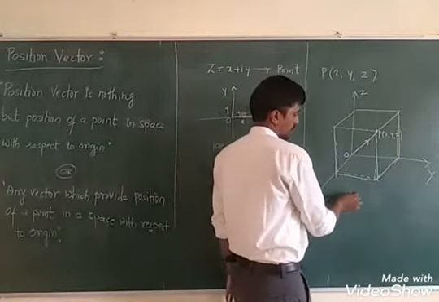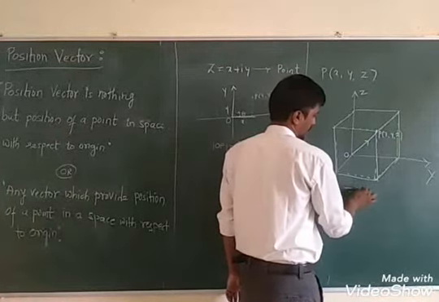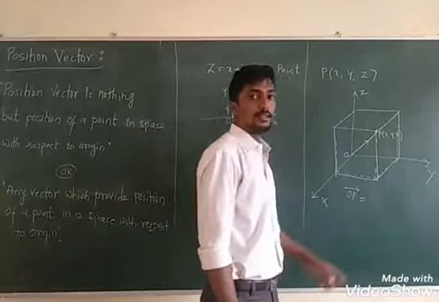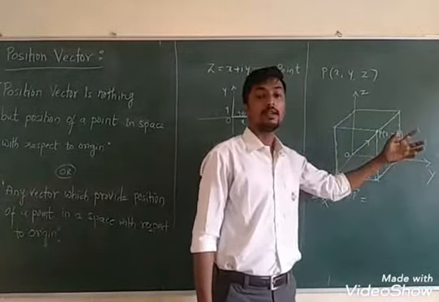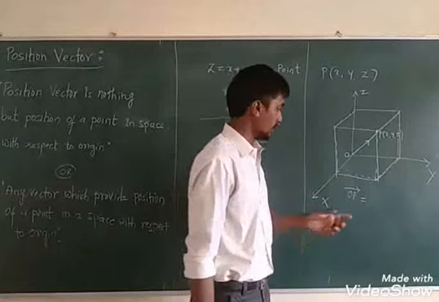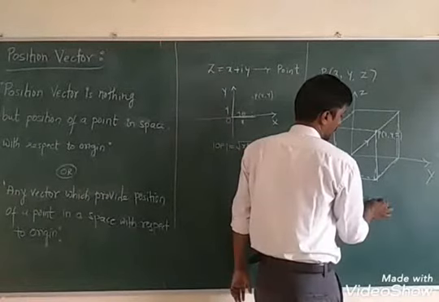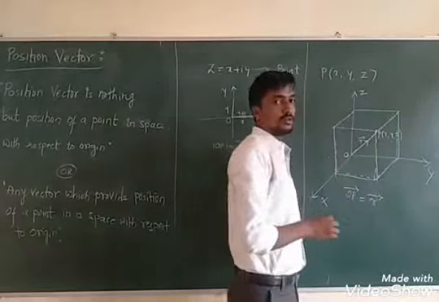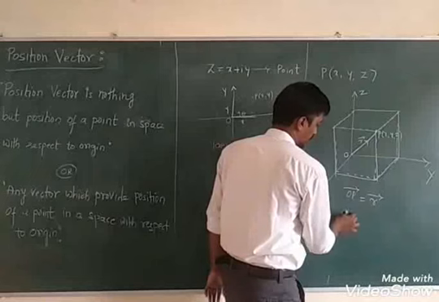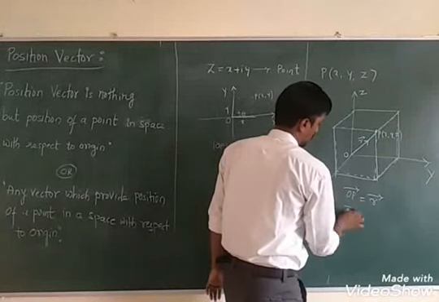So this OP vector provides the position of the point P of x, y, z, where it is exactly situated. This OP is called the position vector, and it is denoted by vector r. Its magnitude is the magnitude of the OP vector.